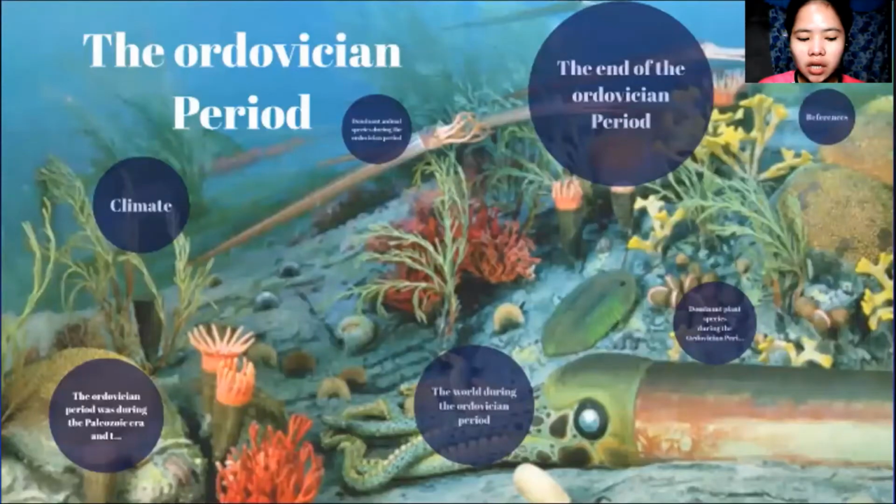Second one is the Ordovician period. So the time span is during 485 to 444 million years ago. It is very rich in terms of variety of marine life.